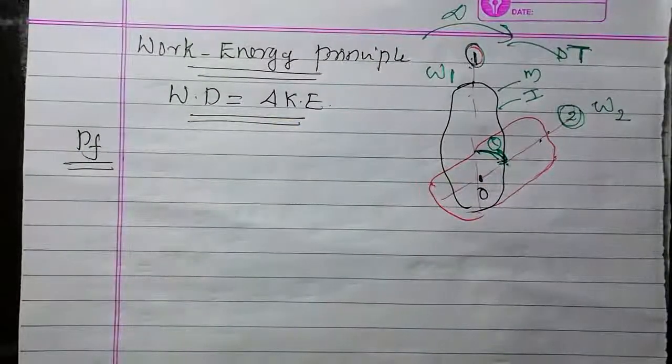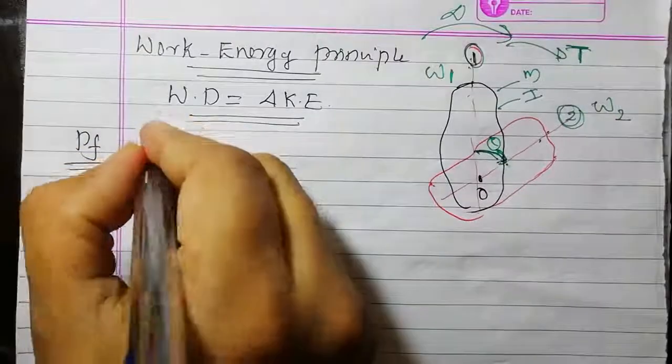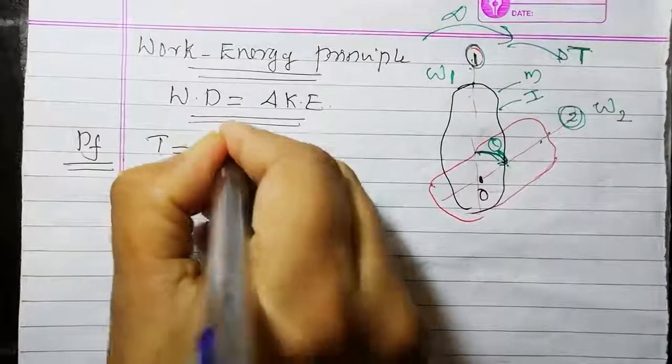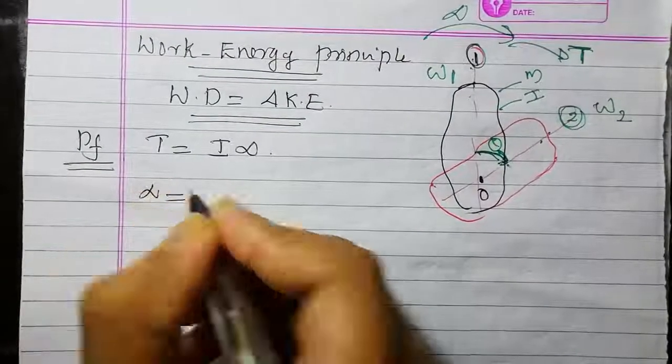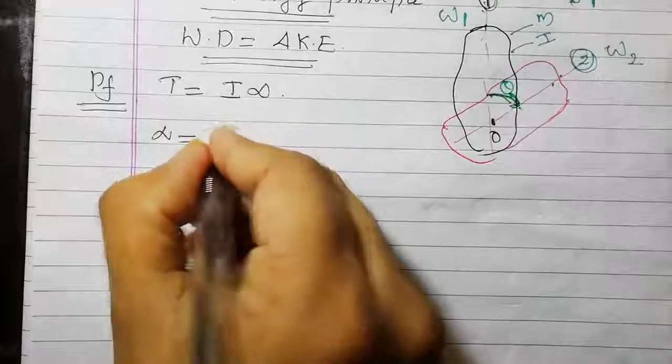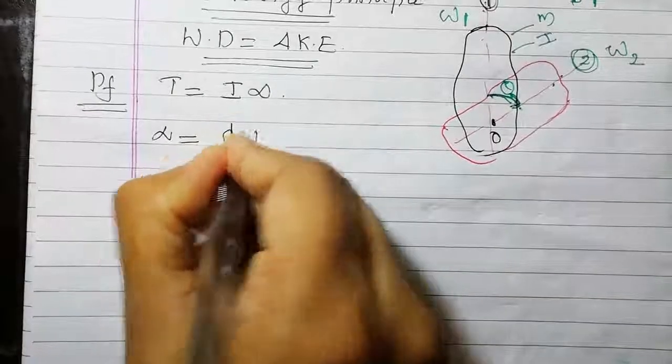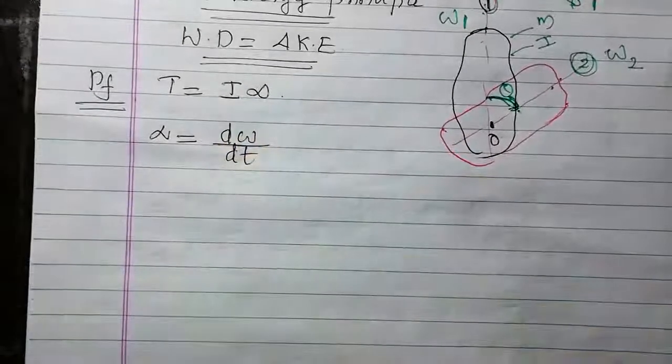Now we know that torque is equal to I alpha. What is alpha? From the basic definition of angular acceleration, it is d omega by dt.